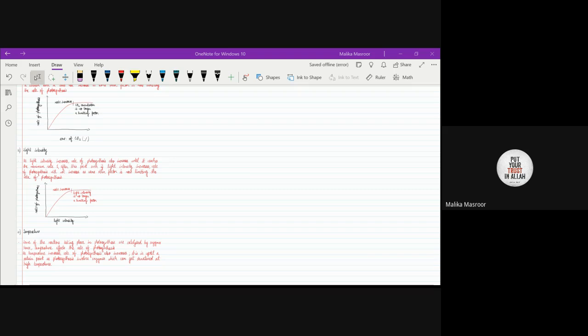Transport in plants. See, my point is that we are studying plants, so it's better, once we are done with plant nutrition, that we now know how to transport the substances made from it. Transport in plants.